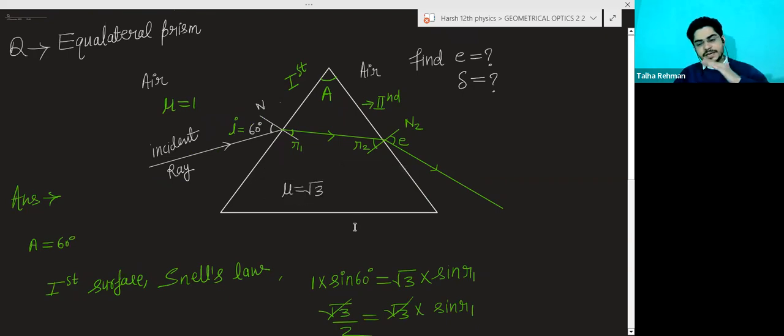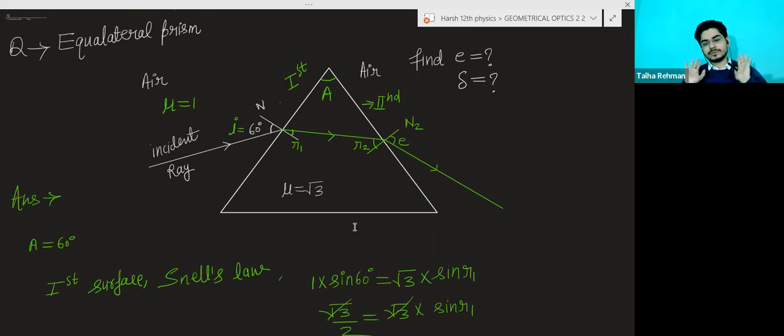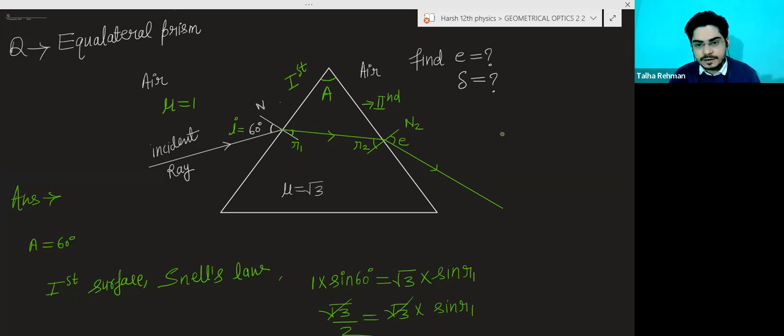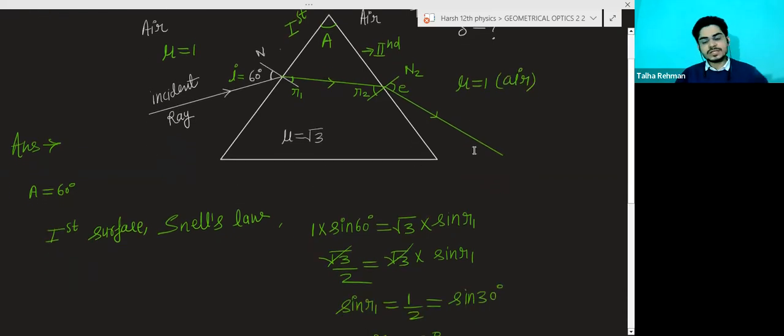You can choose any medium, because light is going between two media, you can choose any of the media and apply Snell's law. So light is going from this medium to this medium, here is the air having the refractive index of 1. Suppose I am choosing first this medium.